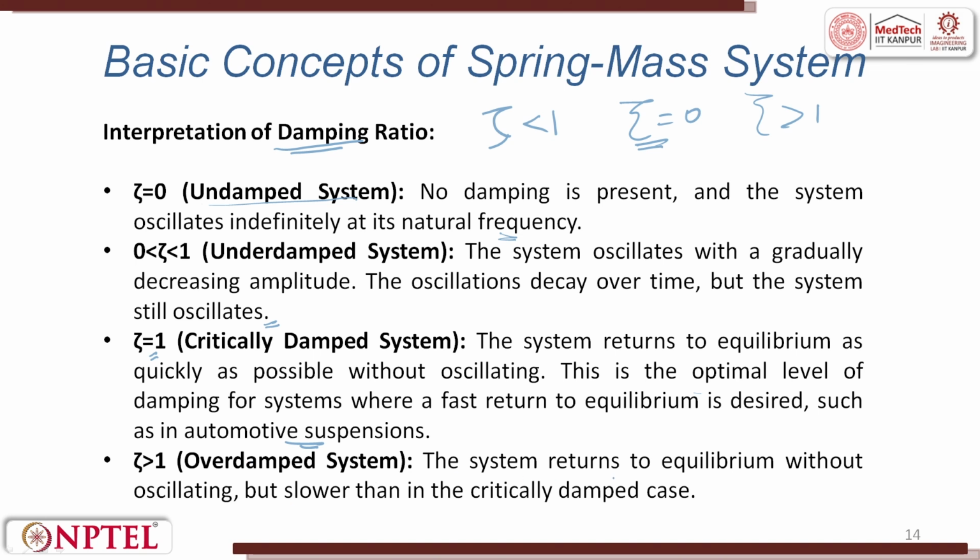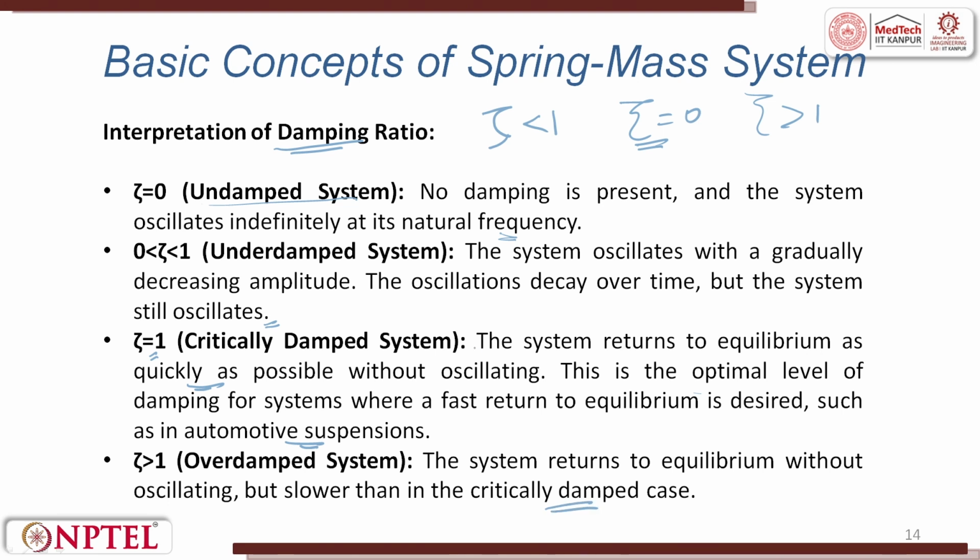The system returns to equilibrium without oscillating, but slower than the critical damping case. So, the difference you should note down. In a critically damped system, the system returns to equilibrium as quickly as possible without oscillating. Here in overdamping, the system returns to equilibrium without oscillating, but slower than the critically damped case.